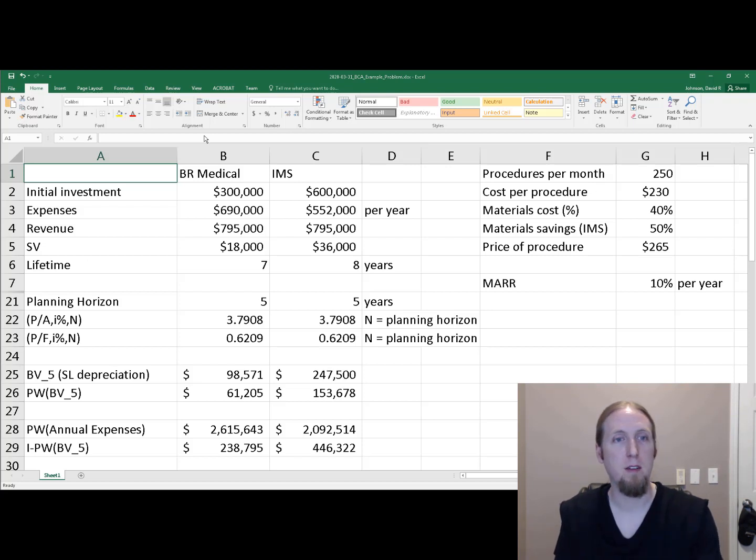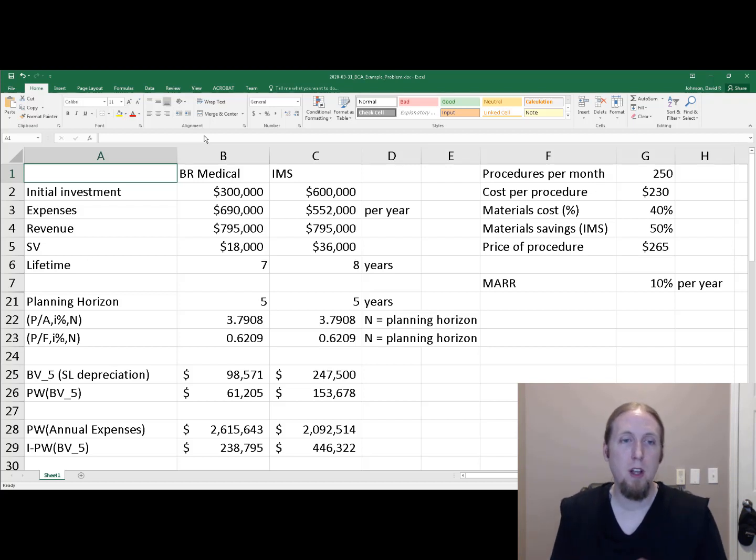And we're going to think of the initial investment in the IMS device as being the incremental cost in order to achieve savings in the future through smaller expenses. So that reduction in expenses is what we're going to frame as the benefit.